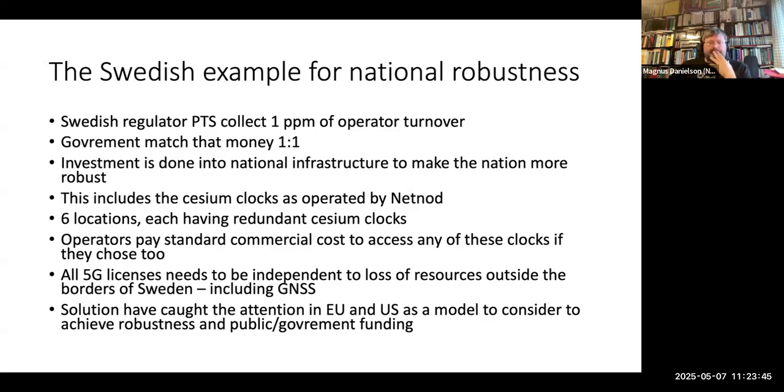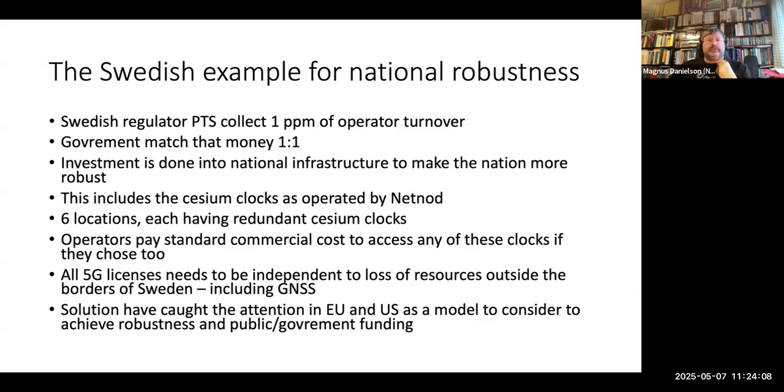And another thing just to give you a little different angle on this. In Sweden, we're a Swedish company, we live in Sweden. So here the regulator collects a little bit of the operators' money. They match that one-to-one. They invest this in national infrastructure. That's bunkers. It can be fiber projects. It can be backup power.